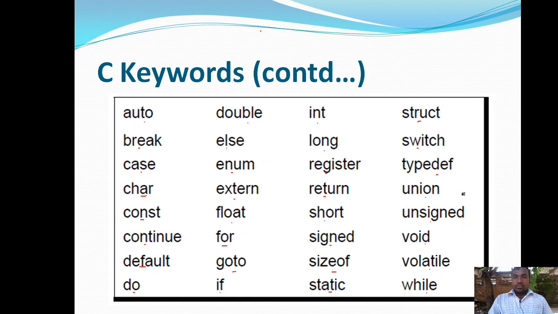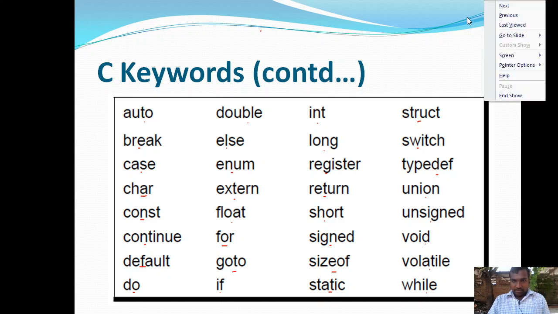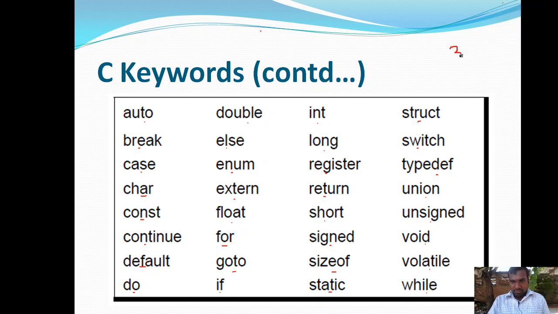Okay, so these are the keywords. So total 32 keywords are available in C program.